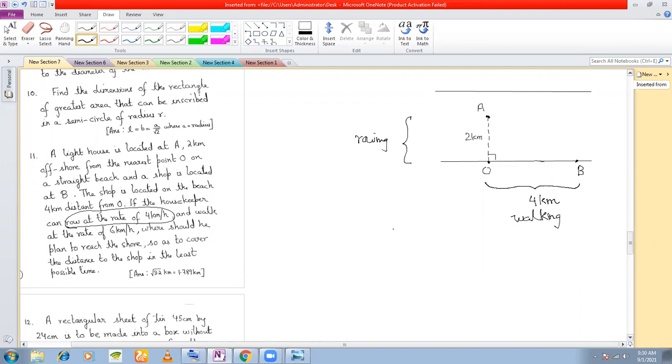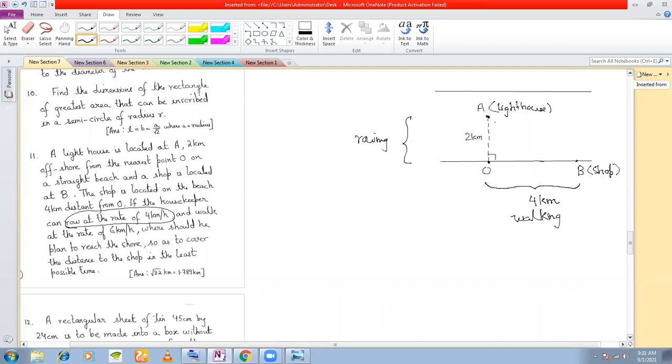Yes, sir. You have a lighthouse at A, and a housekeeper of the lighthouse. He has to reach a shop at B. So how should he reach the shop B?